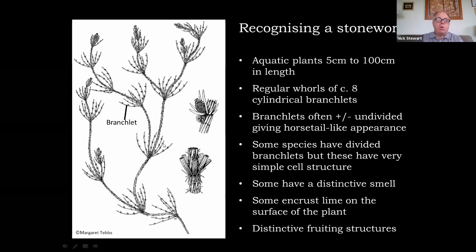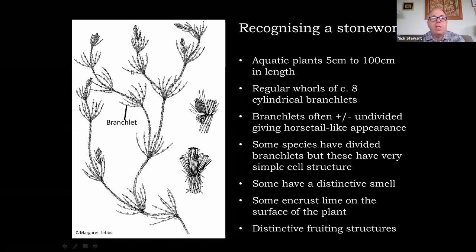So for those of you that were watching my talk on aquatic plants and the different leaf forms, you would either put this in the stringy category, those with undivided leaves, or because of the little extra things, which are actually bract cells around the fruiting structures, you might call this feathery, and there are other ones which have more forked branchlets, which are definitely looking much more feathery. So you would either put them in the stringy group or in the feathery group.